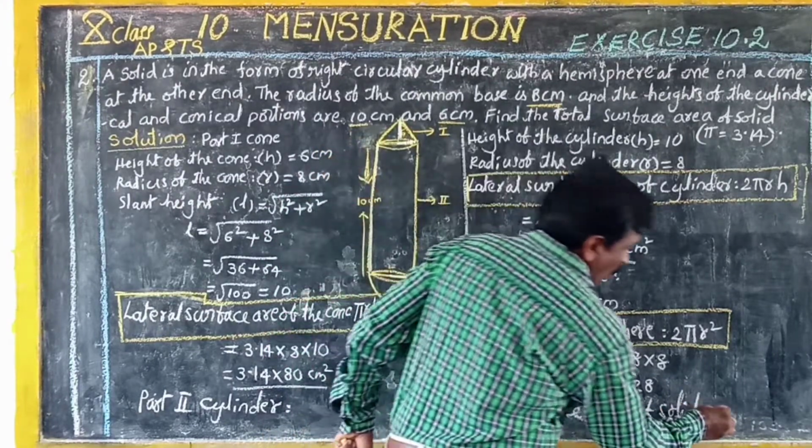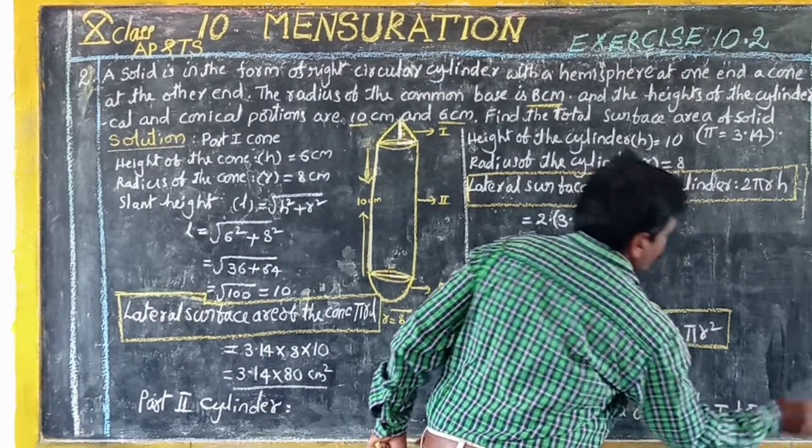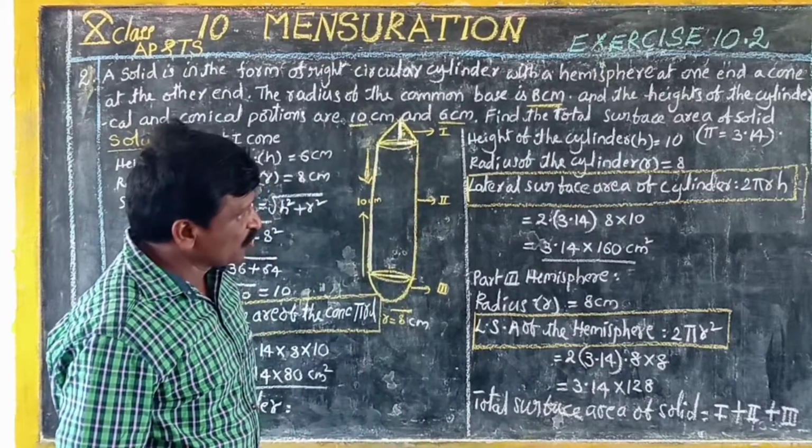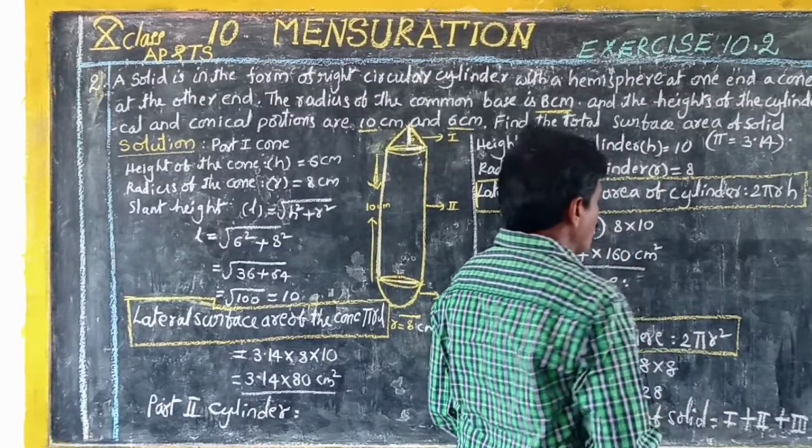Total surface area of the solid is equal to part 1 plus part 2 plus part 3. How much is part 1?